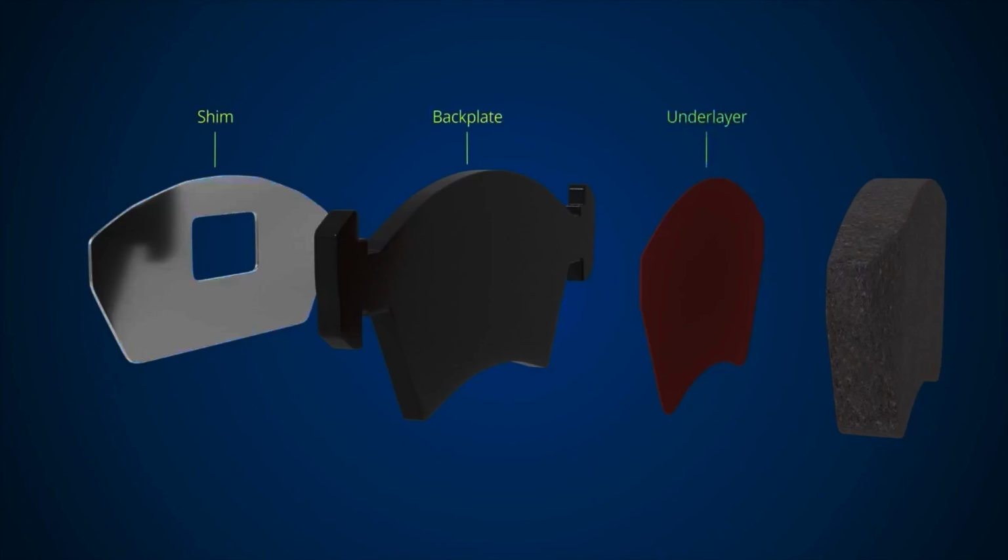An underlayer, sandwiched between the backplate and friction material, bonds the two together and acts as a thermal barrier to stop heat being transferred from the pad to the caliper. Finally, we have the friction material, which is made from a variety of compounds designed to offer a combination of stopping power, longevity, strength, and comfort.